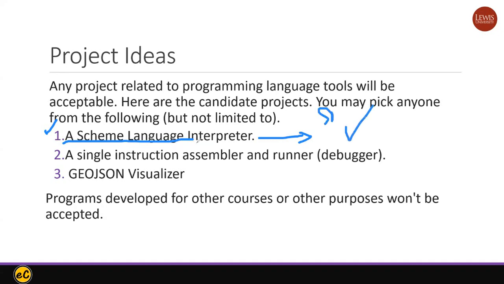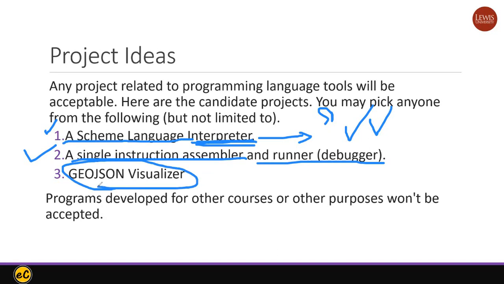So you write any interpreter, any compiler, anything that translates one language to machine code will be acceptable. Second, if you want to do an assembler, a single instruction assembler and linker and debugger, this is also okay. Any one of these is acceptable.